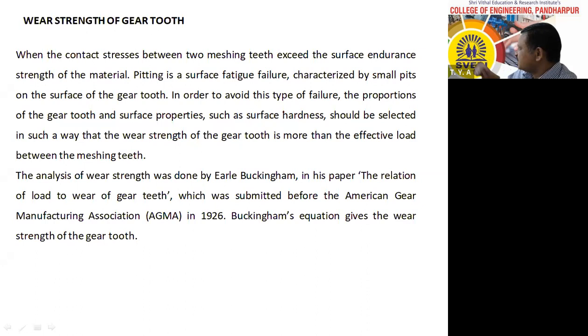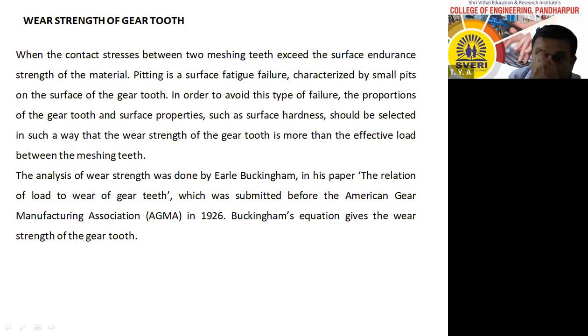And if you purchase Sparx and whatever local companies are there, within 6 months those shoes are going to wear out or cracks are going to develop. Means low cost, low quality. High cost, high quality. Though you can't really compare quality and cost. This is the example of considering wear strength.